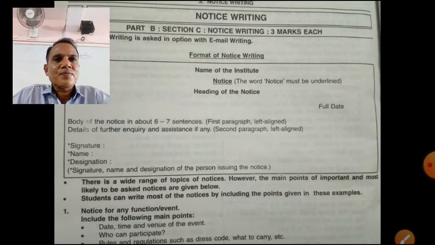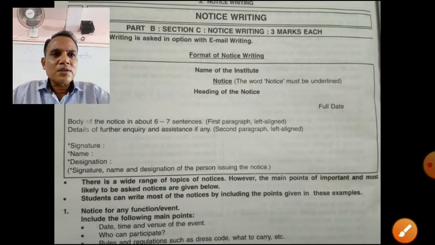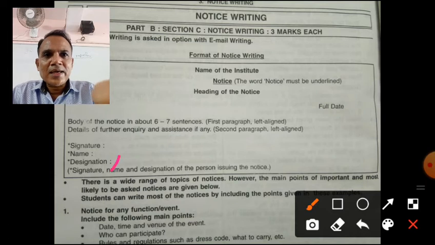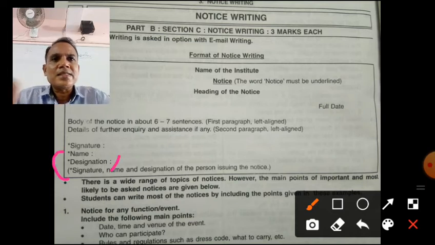Signature of the person who writes this notice. Then the name of the person who has written this notice. And below this, in a bracket, we write down the designation, the post we can say.